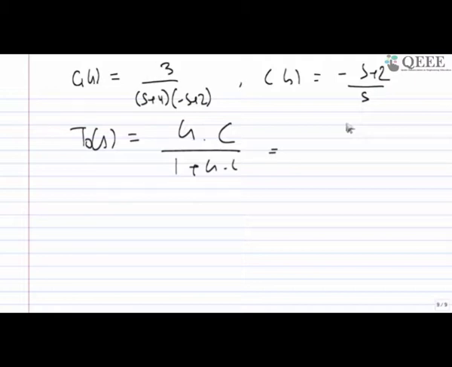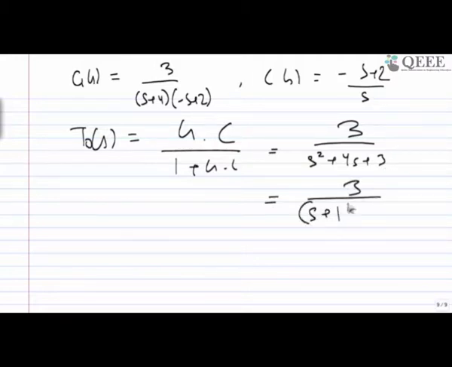What is this T naught? 3 over the denominator, s square plus 4s plus 3, is it? And this you can write as (s plus 1)(s plus 3). And this is my T naught of s.